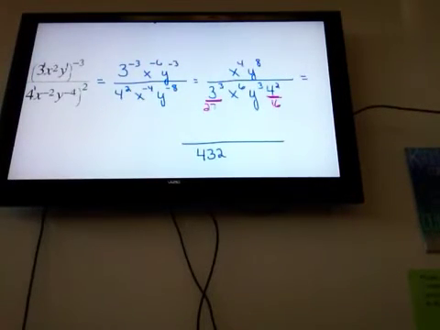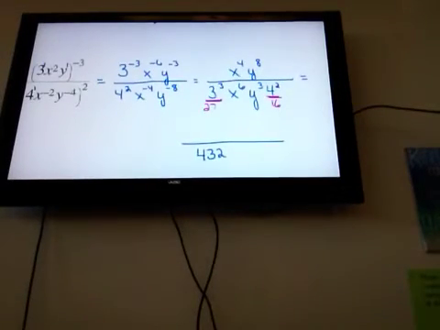So both coefficients are on the bottom, so that's not going to be division, it's going to be a multiplication. You could just punch into your calculator 3 to the third times 4 squared. That's going to give you 432.